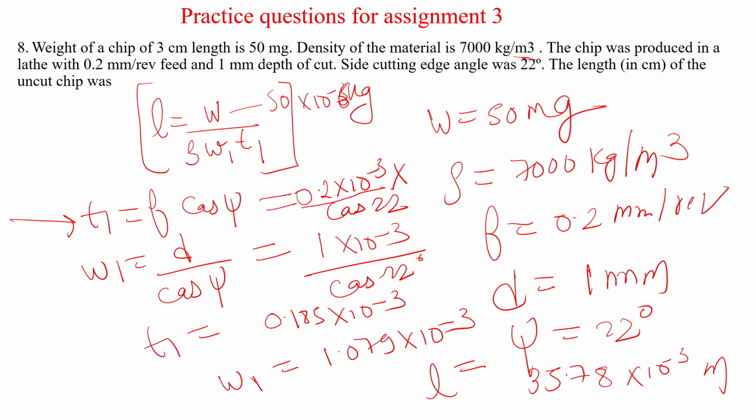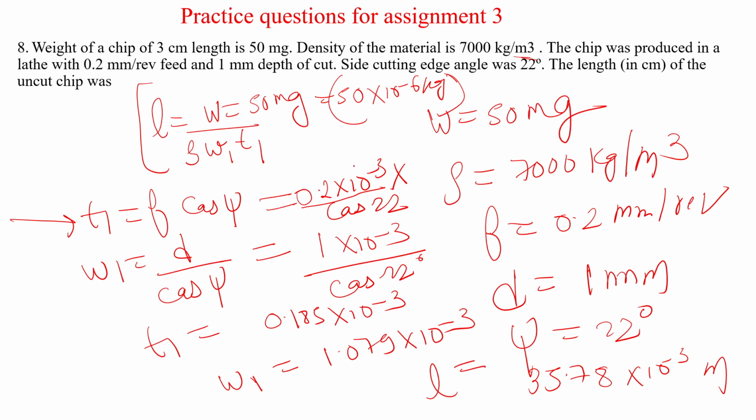And then W1, you need to convert this. This is 50 milligrams. Then 1 milligram is equal to 10 to the power minus 3 gram, and 1 gram is 10 to the power minus 3 kilogram. Then this will be 50 into 10 to the power minus 6 kg, right? Just use this.